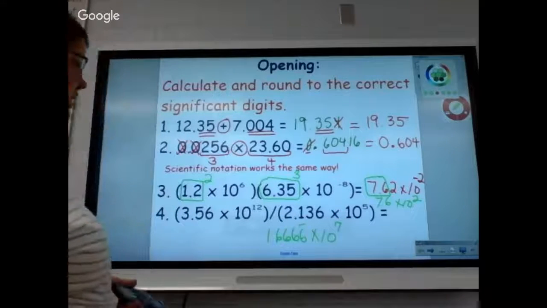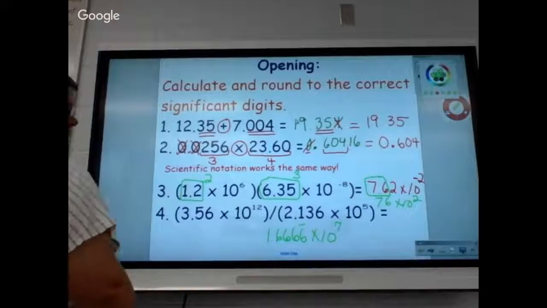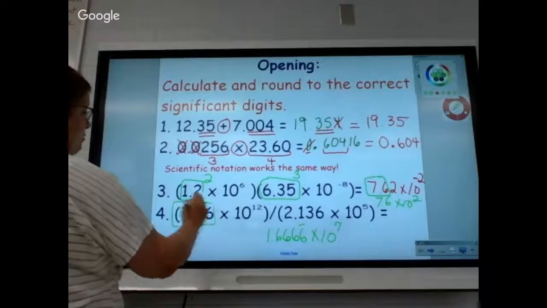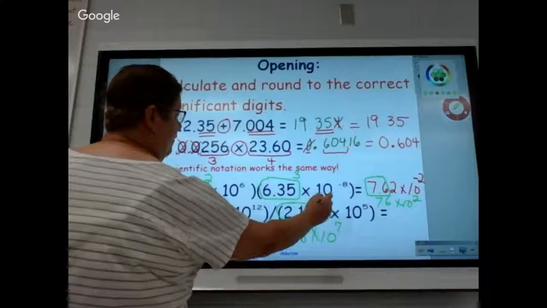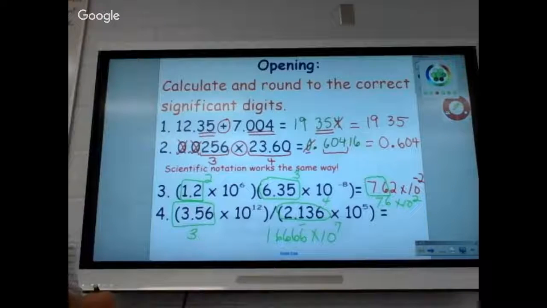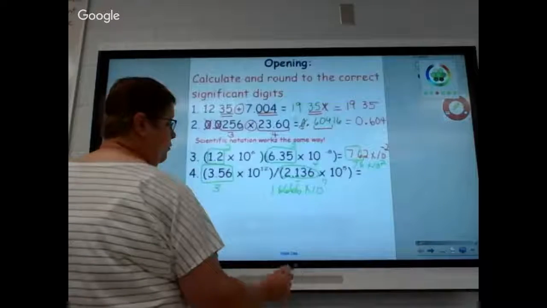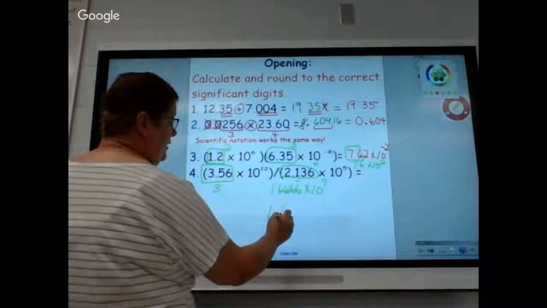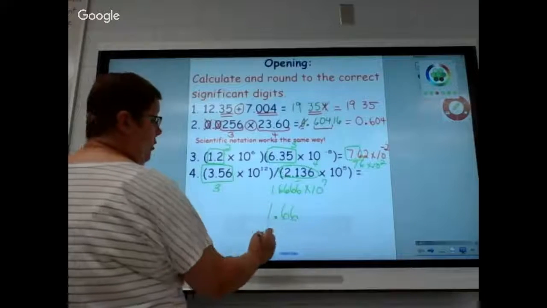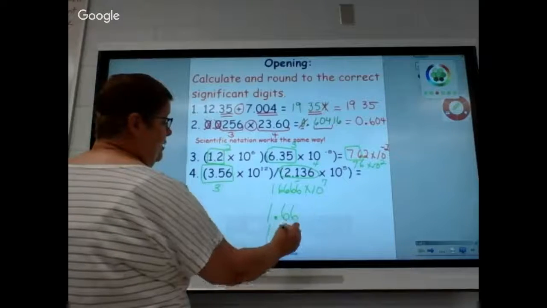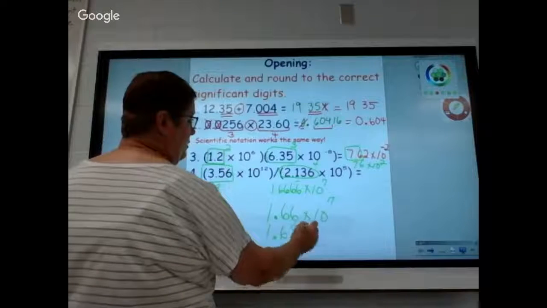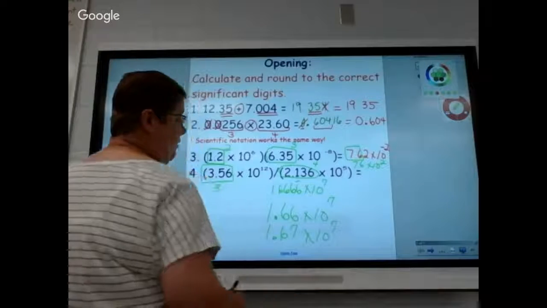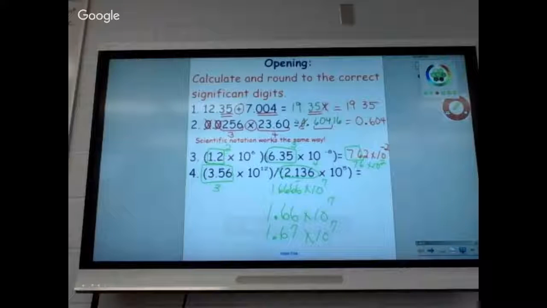Now, again, we're dividing, so significant digits. How many are here? There are 3. How many are here? There are 4. So the least number is 3. So we're going to round to 1.66 or 1.67. I would take either answer, times 10 to the 7th. Either one would be correct.